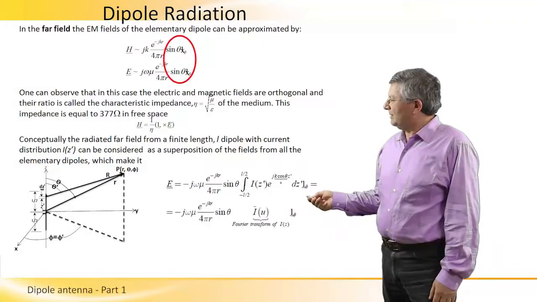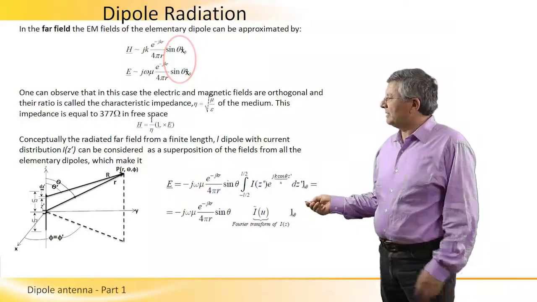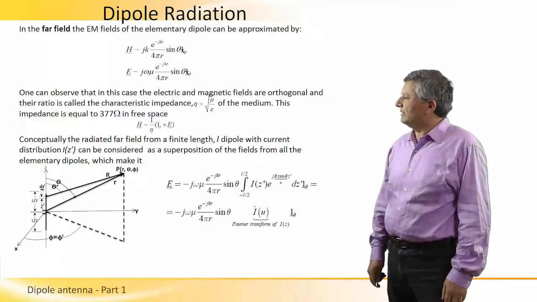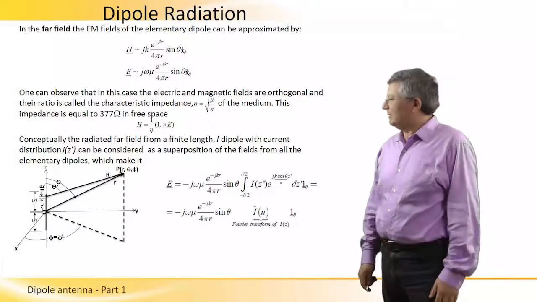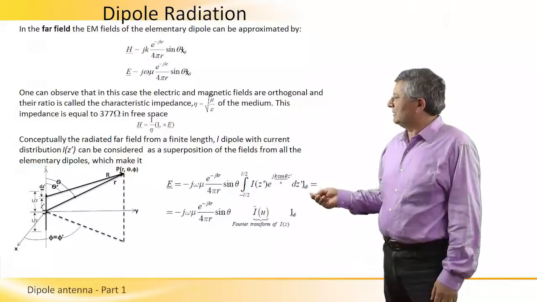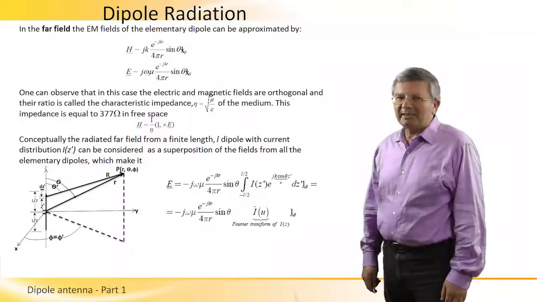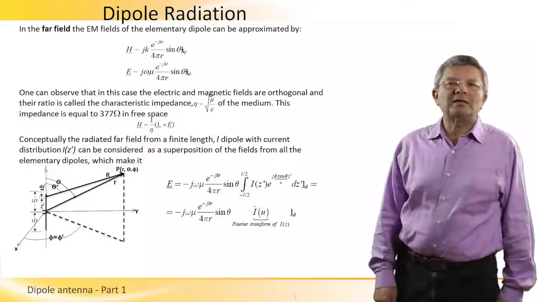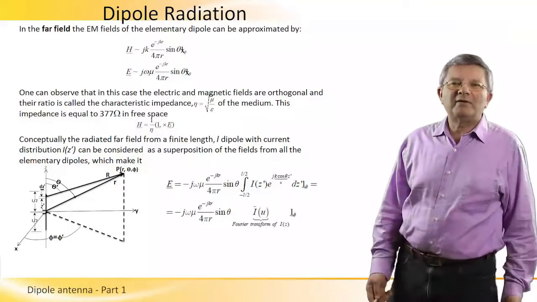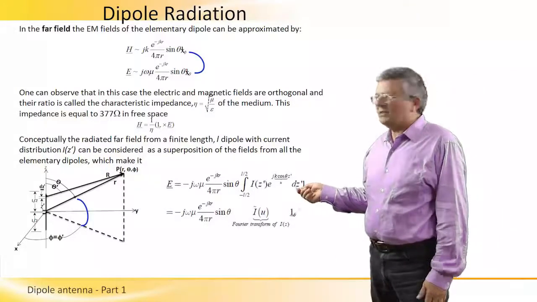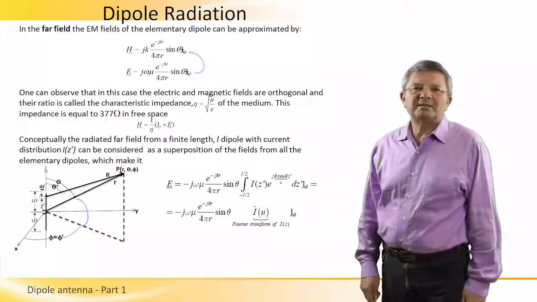Sine theta represents the angular dependence of both electric and magnetic fields on theta. Another interesting observation is that the electric and magnetic fields are orthogonal vectorially, since 1 theta and 1 phi are orthogonal in space.